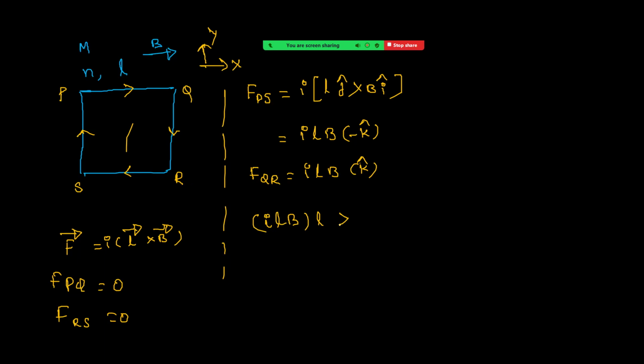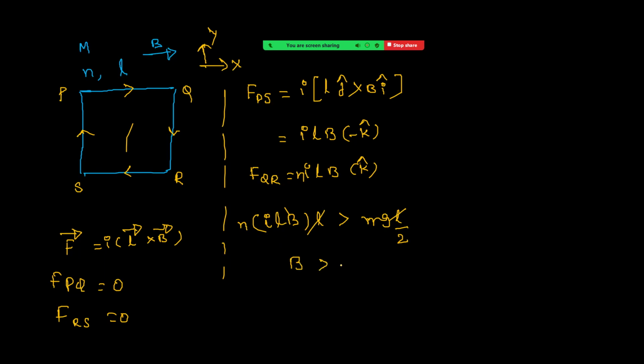So when it is about to rotate about axis PS, because of mg, torque will be mg into L by 2. Okay, so L gets cancelled. And here we are given number of turns, it is N. So we should take N here. Okay, that we have missed here, N turns. That means the force is into N. Because one turn means I L B, one more turn, again I L B. So it is into N. Okay, for N turns.